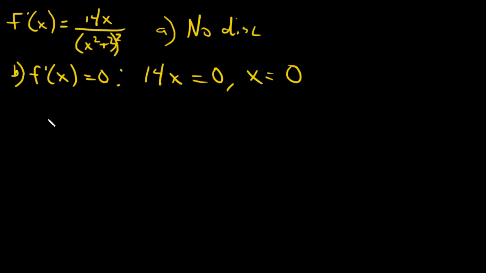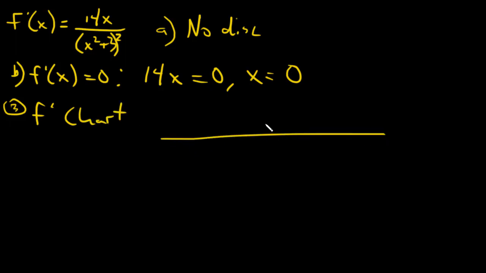So now that we've done that, we can fill out the chart. So step 3, we got my f prime chart. And so the f prime chart is going to have one location, x equals 0, and I just need to do a value that is less than 0. How about negative 1? So f prime of negative 1 is equal to, well, the bottom's always positive.